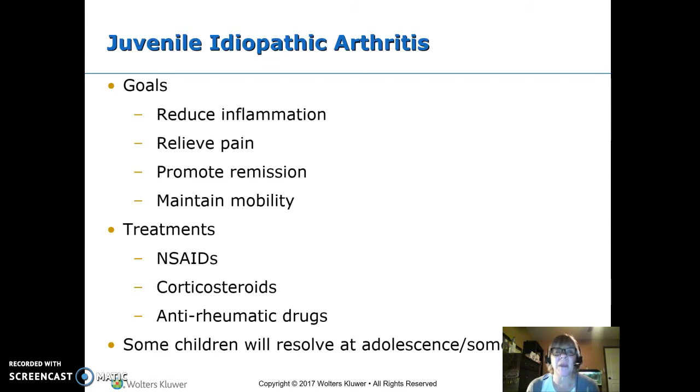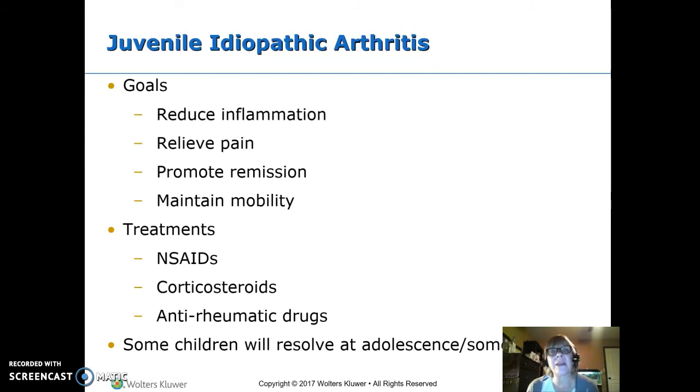And the problem is, while it's inflamed, damage can happen. The damage doesn't go away. So if we can prevent these flare-ups, that's what we want. They're painful, so relieving the pain, promoting remission where they're not going to be in an acute state, and then maintaining that mobility. That's what I meant by not letting the joints get damaged.